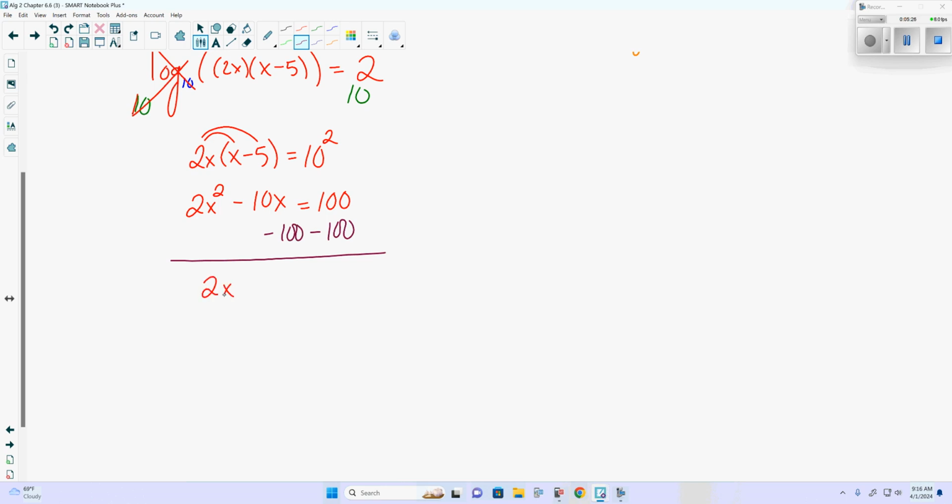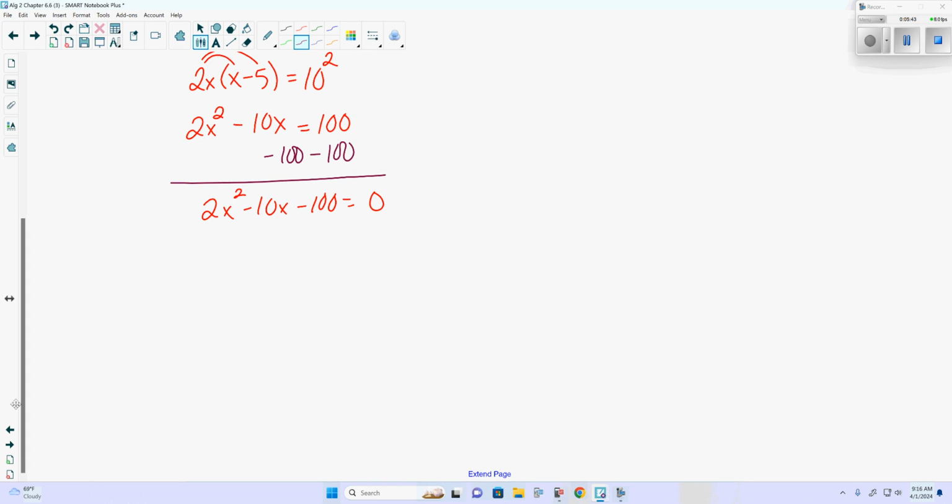If we do that, we get 2x squared minus 10x minus 100 is equal to 0. Questions on this here? We got it equal to 0. Now we just need to solve this quadratic. We could factor it. We could graph it. We could do the quadratic formula. We can complete the square. We have different ways to do this.